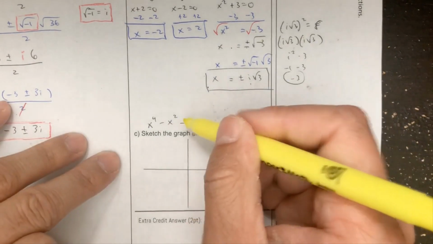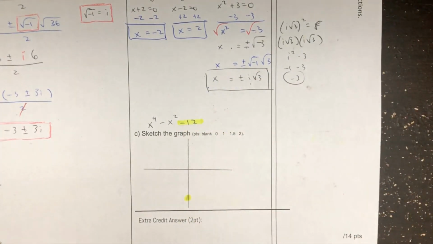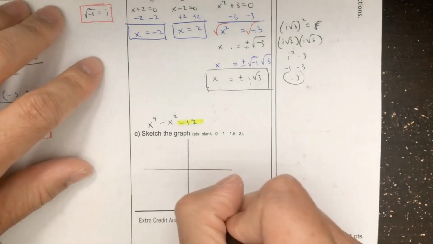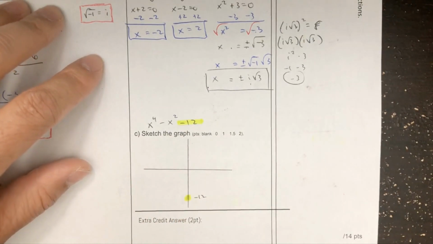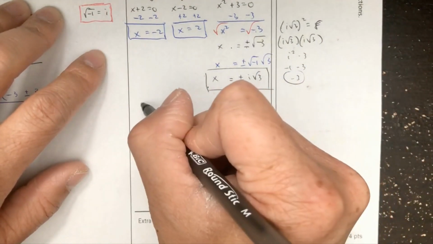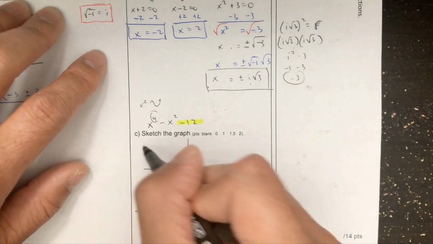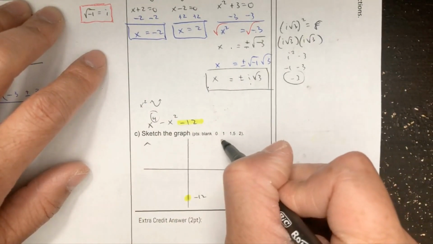Alright, so -12 is my y-intercept. Let's write -12. And it's to the power of 4, so it's an even degree, like a quadratic. Starts up, ends up. Leading coefficient is positive, so your arrows stay that way.